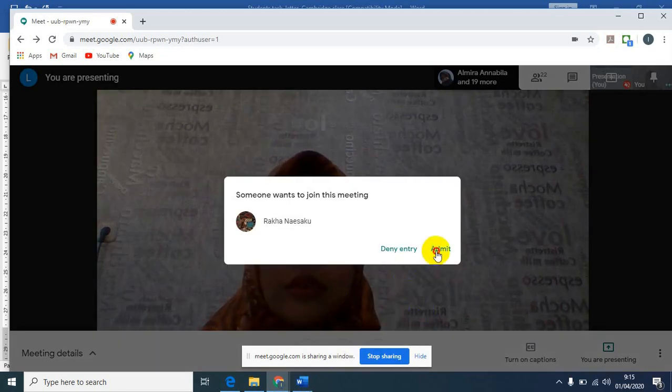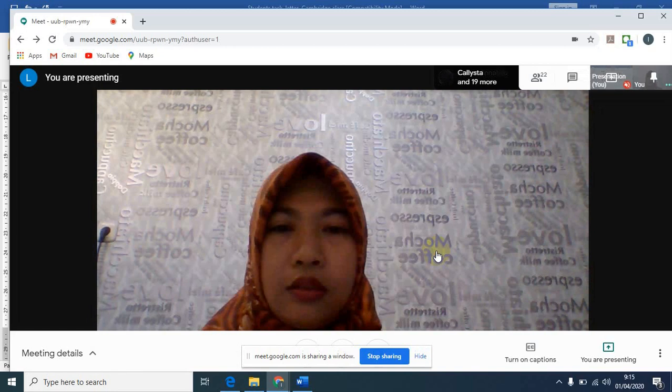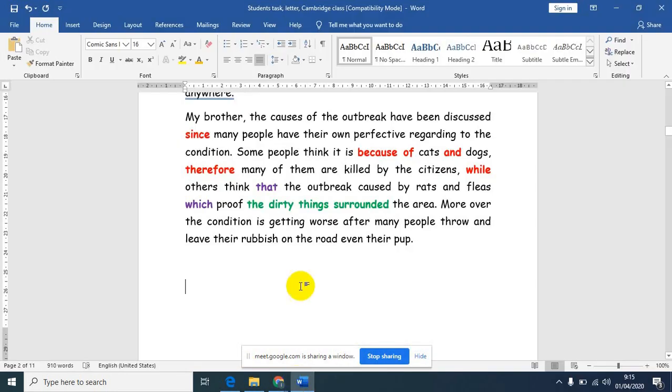Now, please have a look. While others think that the outbreak is caused by rats and fleas, which proves the dirty things around it. What about this? Is it a noun clause or adjective clause or what? That is a noun clause, right?